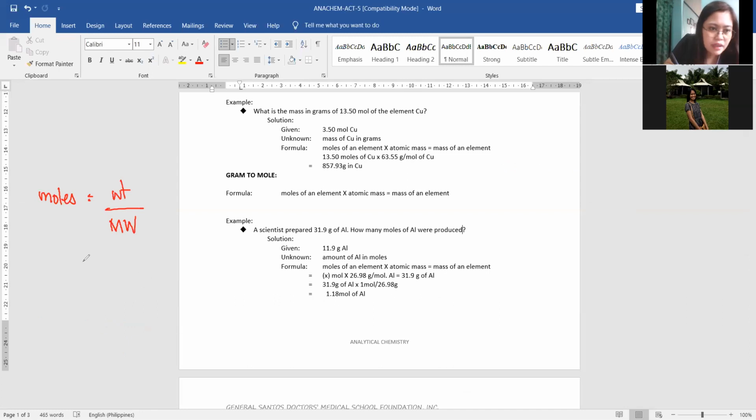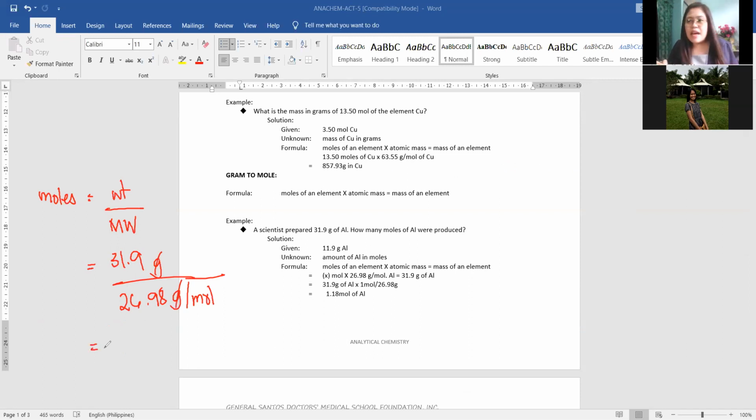So, you will just use this formula class and then you have the weight 31.9 grams. And then the atomic mass of aluminum is, di ba, 27 atong ginagamit kay gina-round off nato siya. But in this example, wala ni siya nag-round off. That is why ang iyang gigamit kay 26.98 grams per mole. So makansel ang grams, ang mabilin class na unit is the mole.